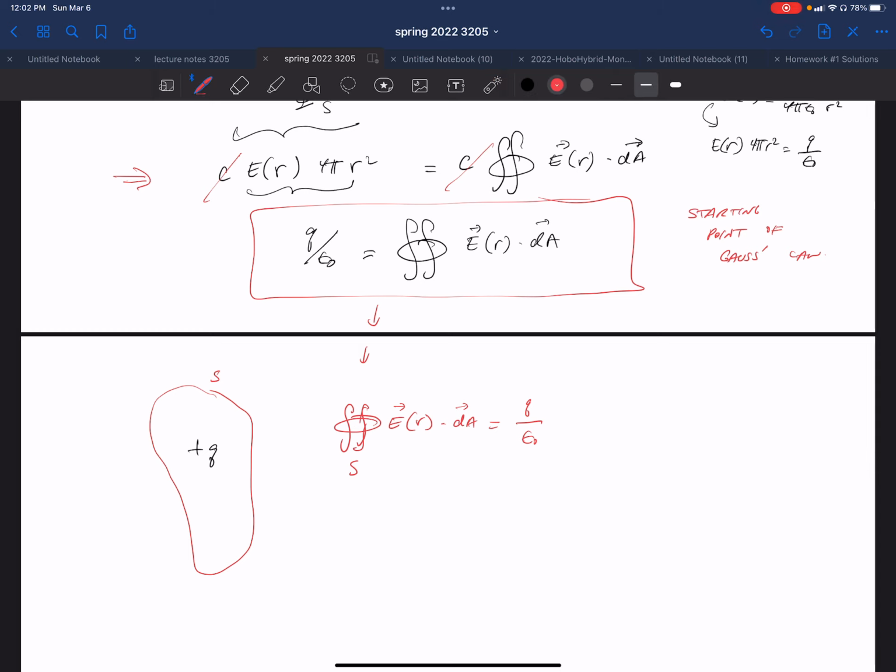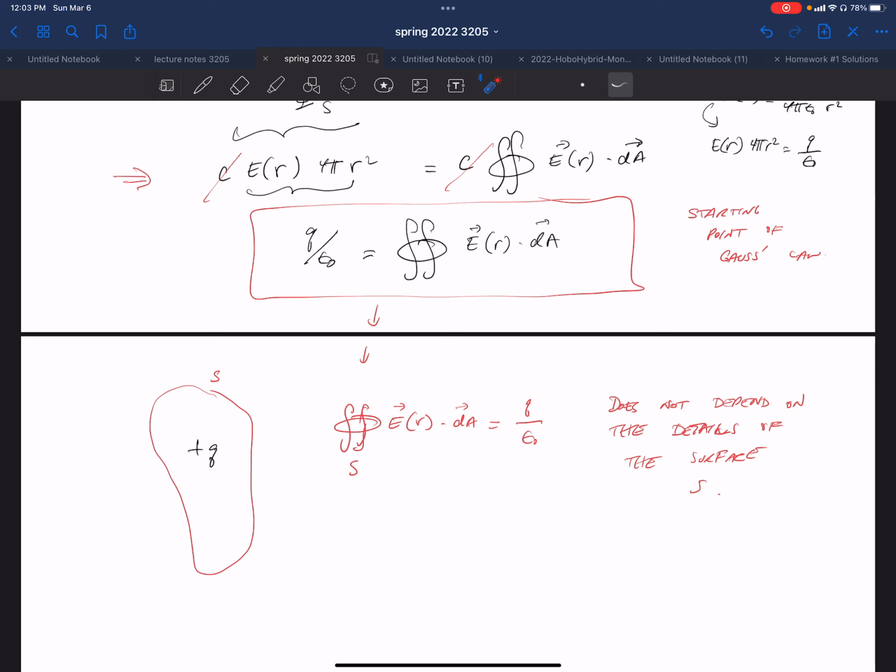And the key thing is that this does not depend on the details of the surface S. This S could be any old shape, but this equation is guaranteed to hold, as long as the shape of S completely encloses this charge Q, this relationship between the electric field times the area is going to hold.